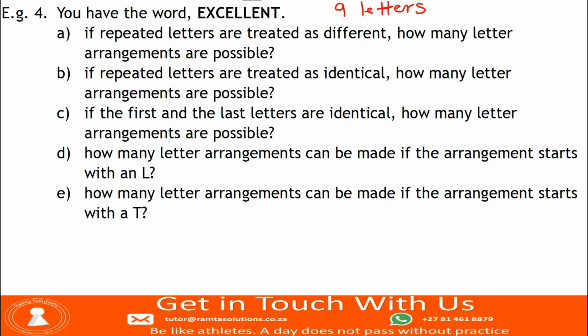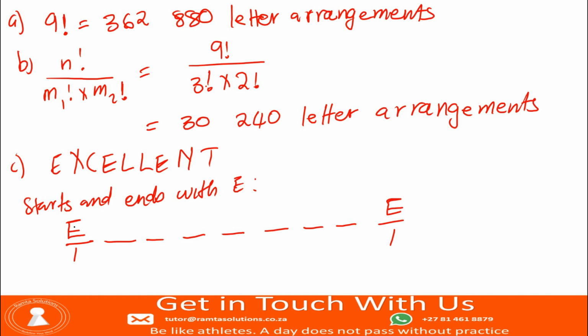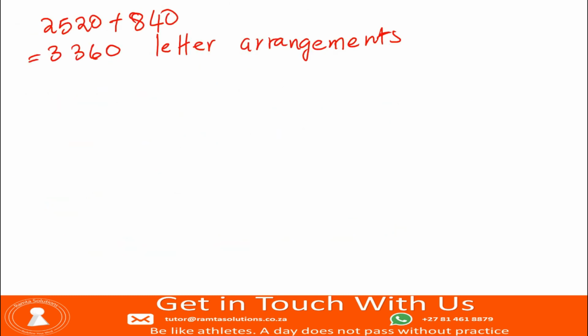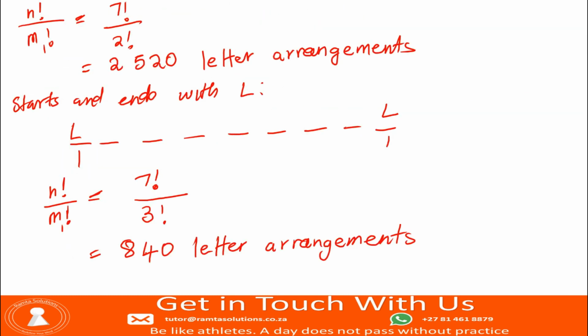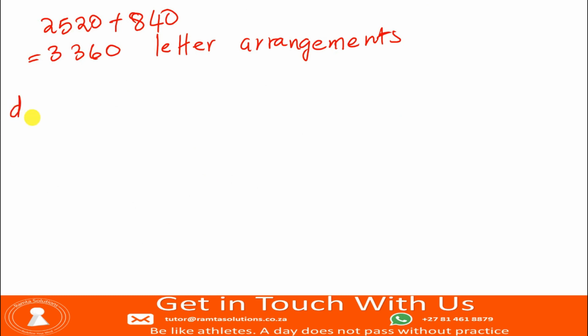Now, number D, they say how many letter arrangements can be made if the word starts with an L. So D, it starts with an L. 1, 2, 3, 4, 5, 6, 7, 8, 9.